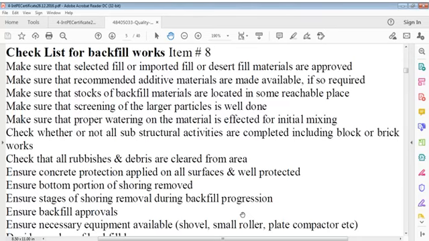Backfill material is approved, that's okay, but how is it approved? It should be approved based on its grading, its particle size, and its density, for which a material sample is sent to the laboratory.